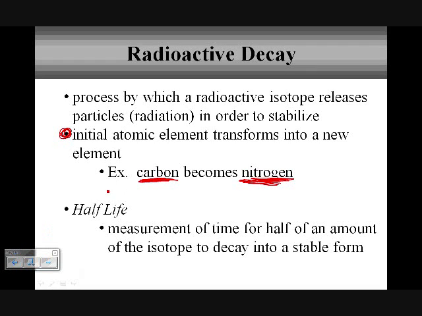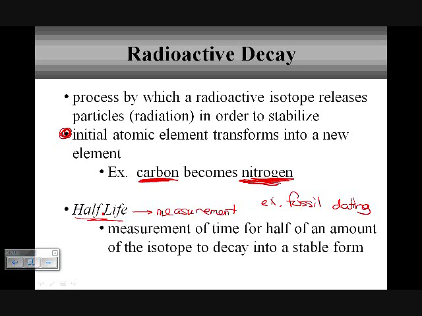We can also talk about half-life when we talk about radioactive decay, and half-life is a type of measurement that we use for radioactive decay. Maybe you've heard of half-life, for example, when we're talking about fossil dating or fossil records.